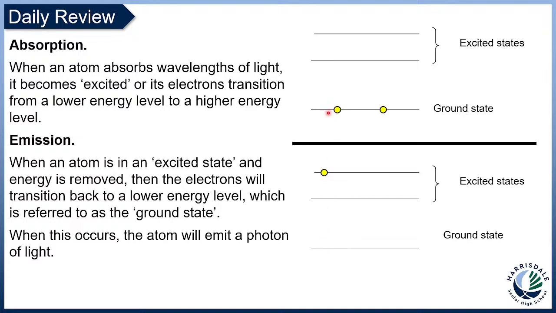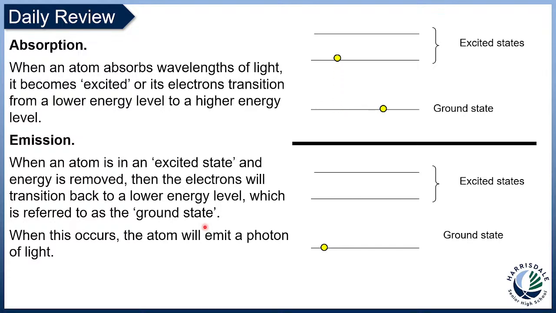If it absorbed energy to go up there and now it falls back down, that energy has to go somewhere, and in this case it is going to be emitted as a photon of light.